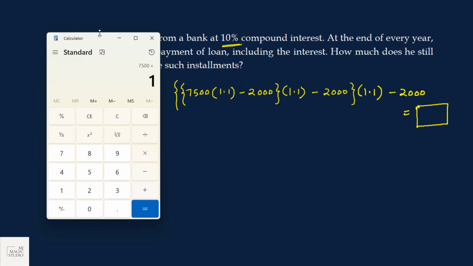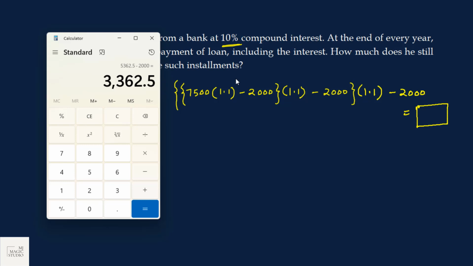7500 into 1.1 minus 2000. This is the starting figure at the beginning of year 2, into 1.1 minus 2000. This is the starting figure at the beginning of year 3, into 1.1 minus 2000. This is the end figure at the end of year 3, or beginning of year 4.